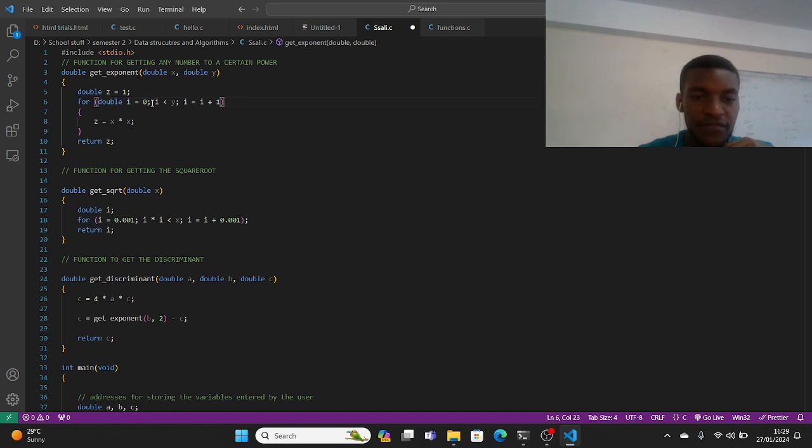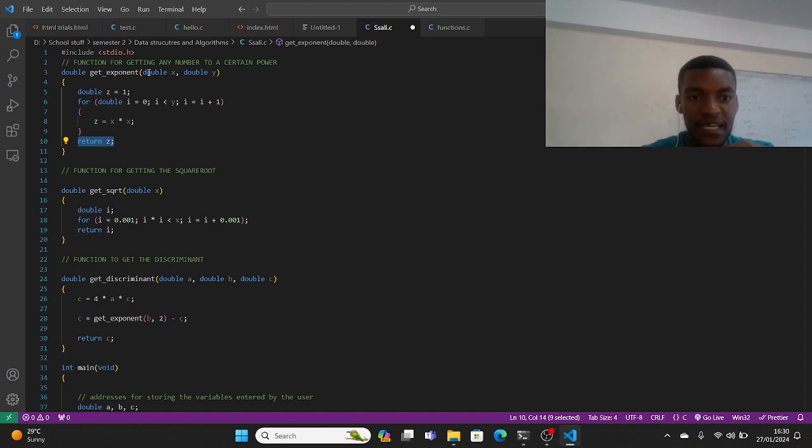Then I said for as long as i is less than y, which is the number of times I want to multiply x by itself, increment i by 1 and also multiply x by itself. And when i ceases to be less than y, return that value of z.